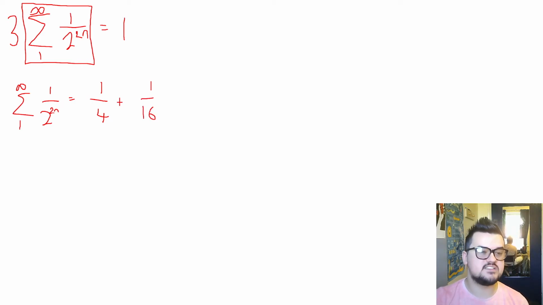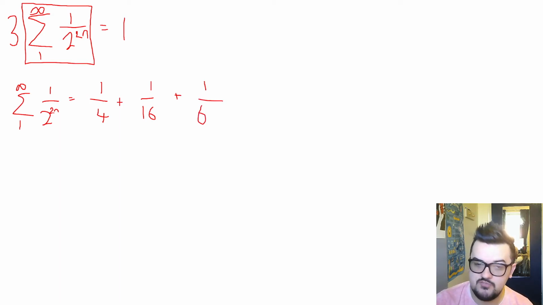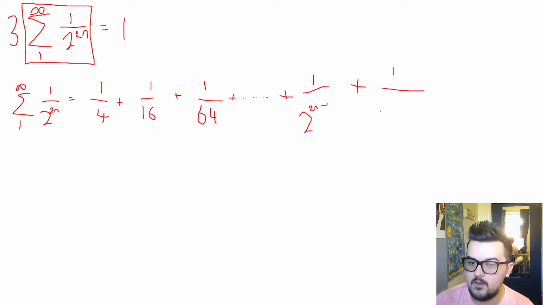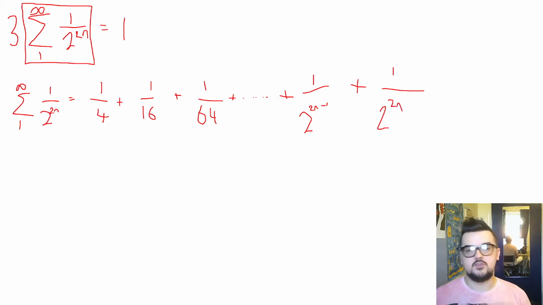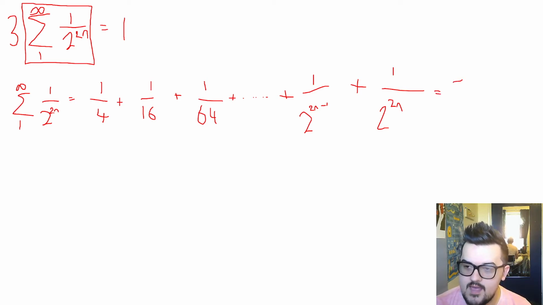And you'll just be able to see that these are just 4 times 4, and then the next number will be 4 times 4 times 4, which is 64, and so on, all the way to 1 over 2 to the 2n minus 1, and then finally 1 over 2 to the 2n. What we're going to do, we're going to call this something. Again, we're just going to call it Sn.